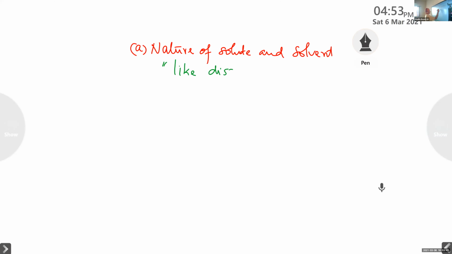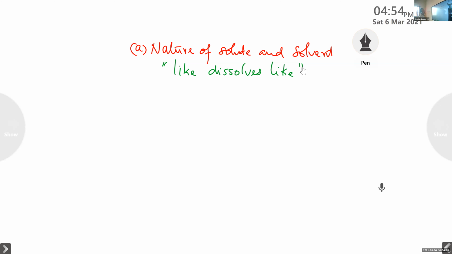That is the relation between solute and solvent. Like dissolves like means the solute and solvent should be almost alike in physical properties. There should be similarity in the physical properties of the solute and the solvent.